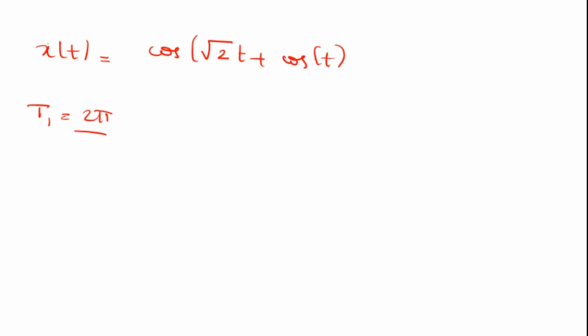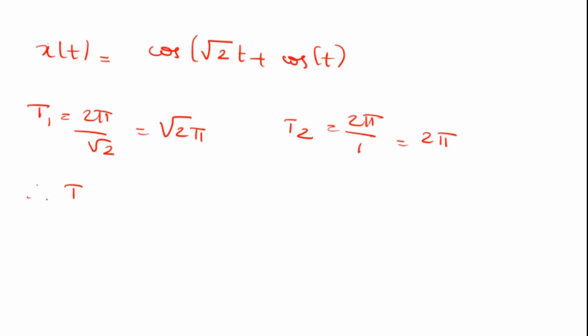Next, x of t is equal to cos of root 2 times t plus cos of t. Then T1 is equal to 2 pi by root 2, which is equal to root 2 into pi. T2 is equal to 2 pi by 1, which is equal to 2 pi.